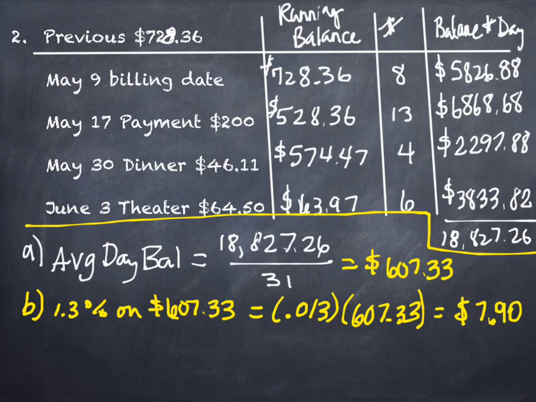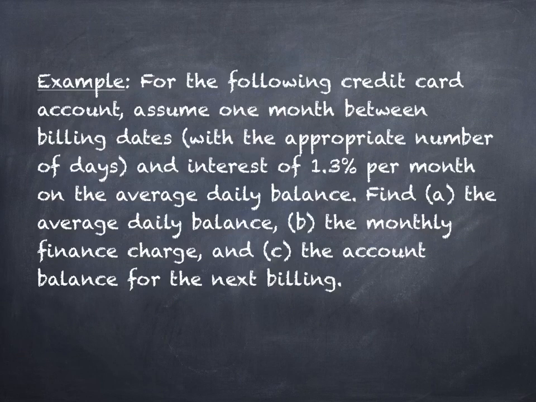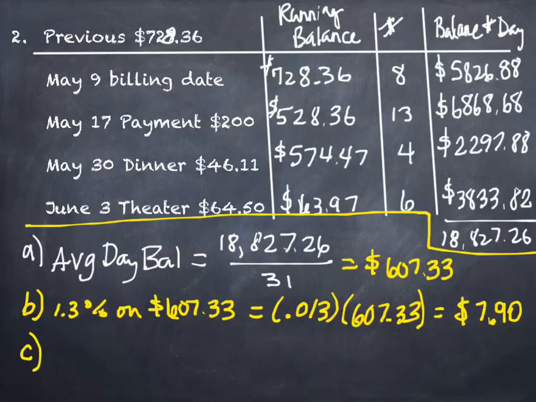Okay? And then part C, I'm going to go back over here one more time. It says the account balance for next billing. So how do I find the account balance for my next billing? Okay, what two am I going to add, Tara? Close.